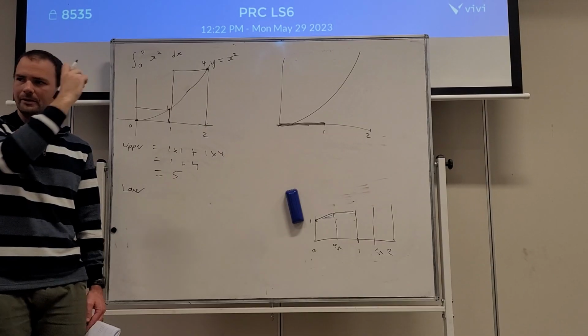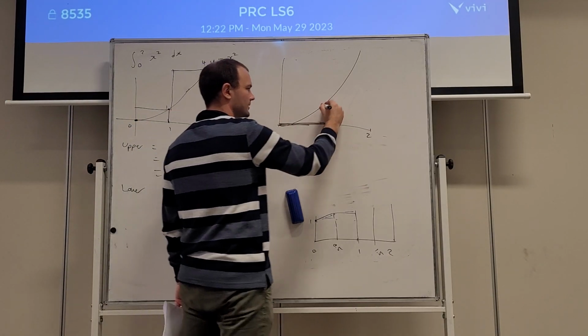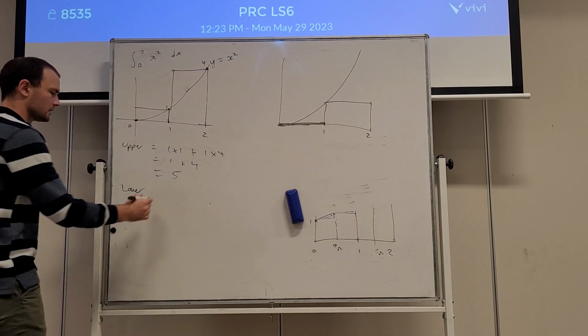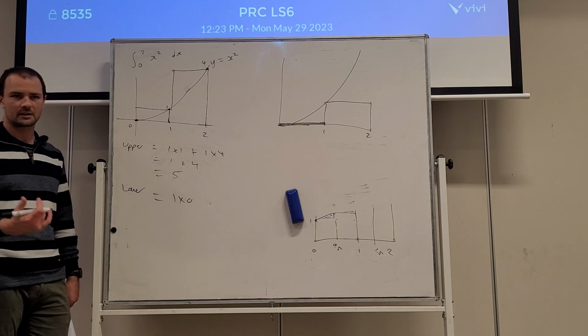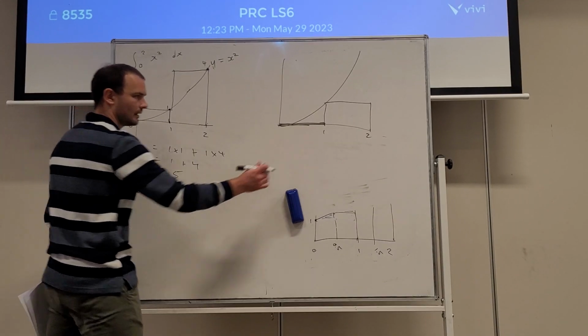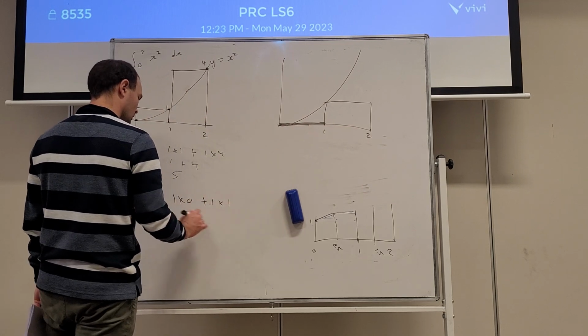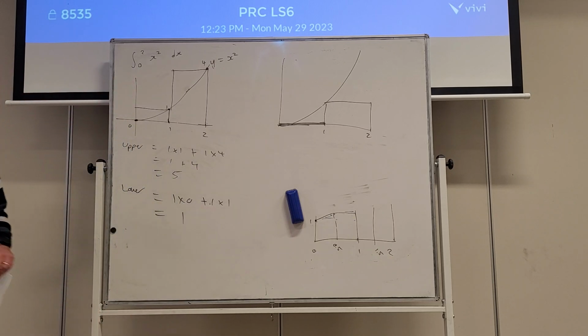I'm taking that point furthest to the left, and that's the height of my rectangle. So the first rectangle has a height of 0, and the second rectangle has a height of 1. So for the lower estimate, we have 1 times 0, that's the first rectangle, and for the second, 1 times 1, we've got an area of 1.